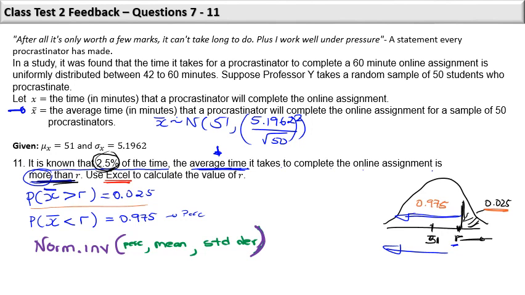So that means to get this R, we know when we go in Excel, we start with an equal sign, and then we put in norm.inv, and we know our percentage in this case is 0.975, and our mean is 51, and our standard deviation is nothing but 5.1962 divided by the square root, so SQRT of 50.